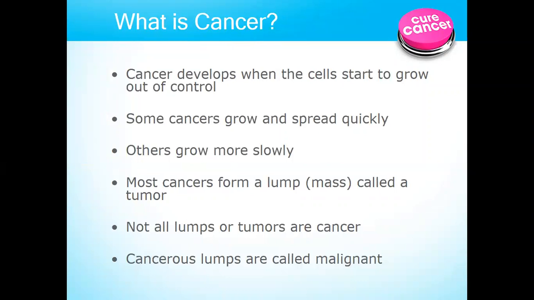Some cancers grow and spread quickly, while others grow more slowly. Most cancers form a lump called a tumor or growth, but not all lumps or tumors are cancer. Lumps or tumors that are cancer are called malignant.